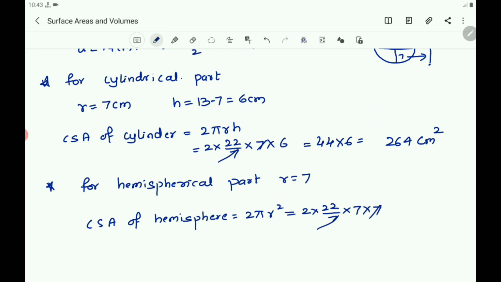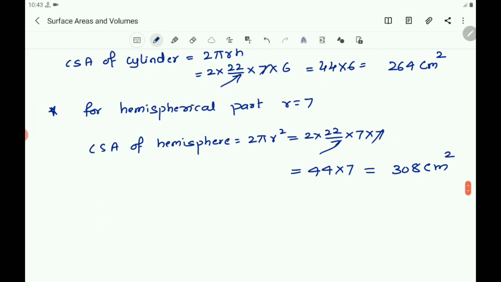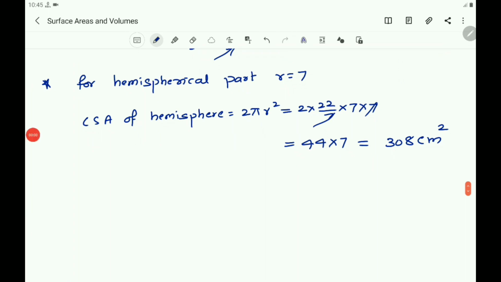Then the 7s cancel. It becomes 2 22s are 44 into 7: 7 4s are 28, carry 2, 7 4s are 28 plus 2, 308 cm square.